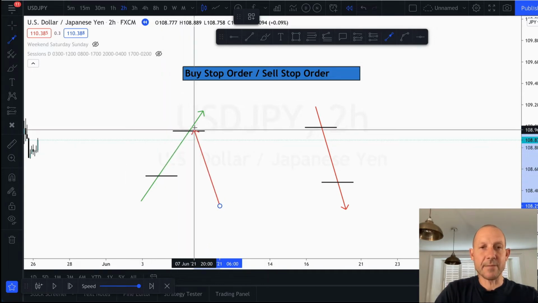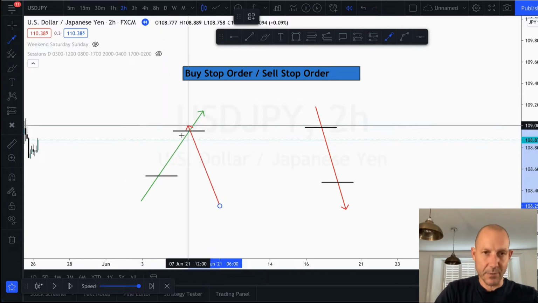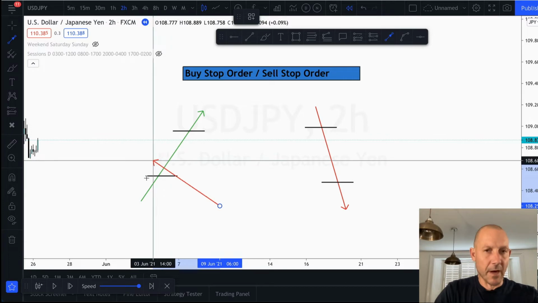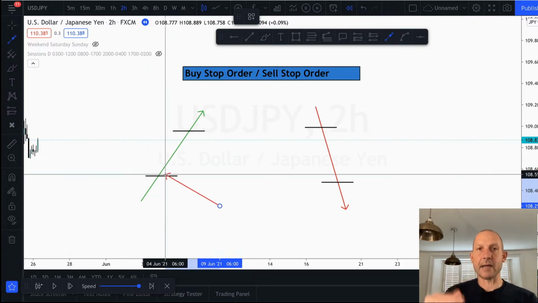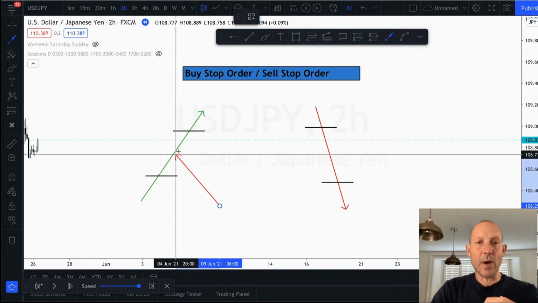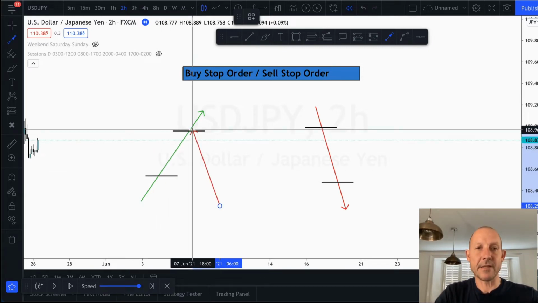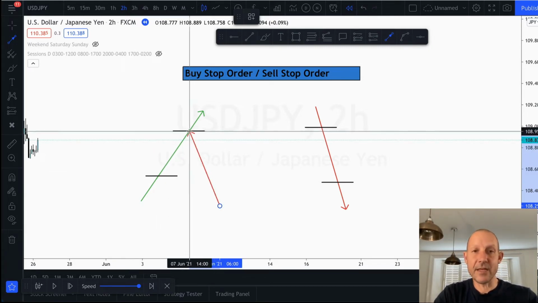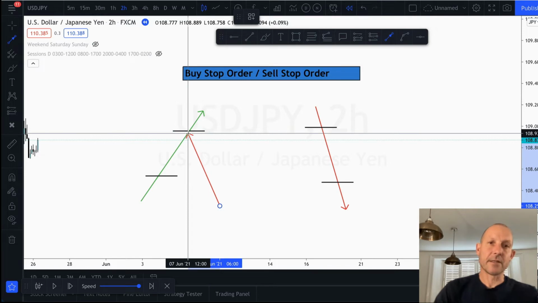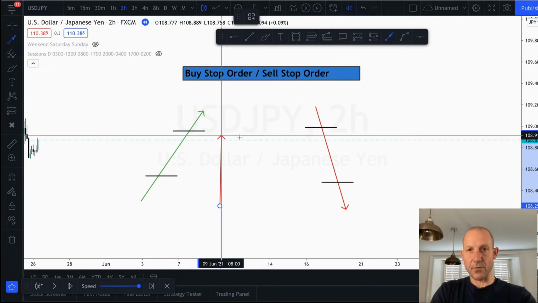We wanted to enter the market when the price got to this point. If you enter the market at a specific point, then it's obviously a market execution. If you're waiting for price to go up and hit, say, this price point before you entered into the market, you would set a buy stop at this price so that when price hit that, it would enter into a buy position for you.